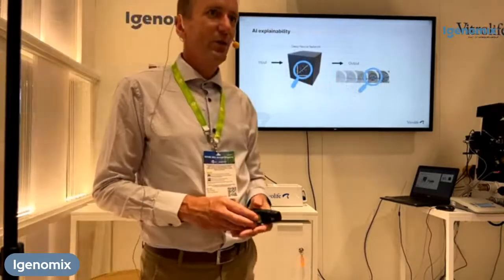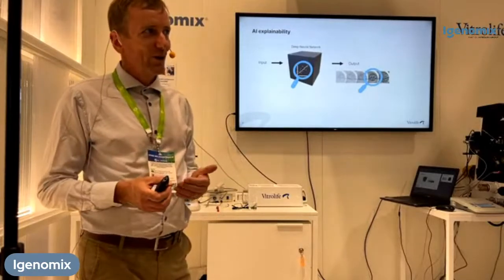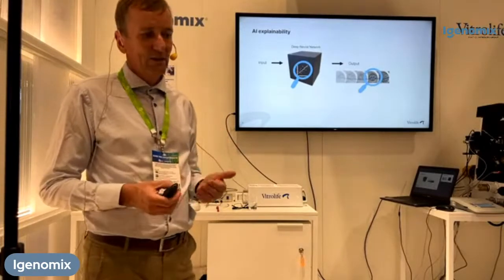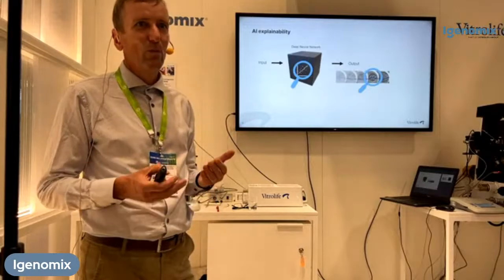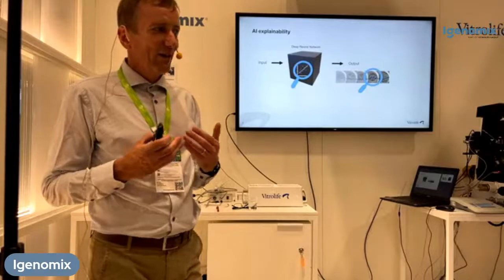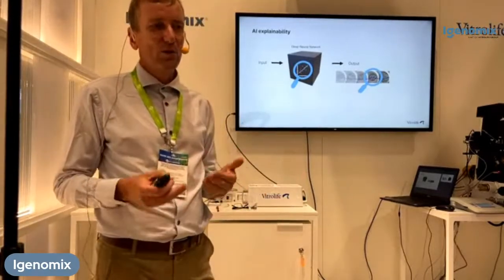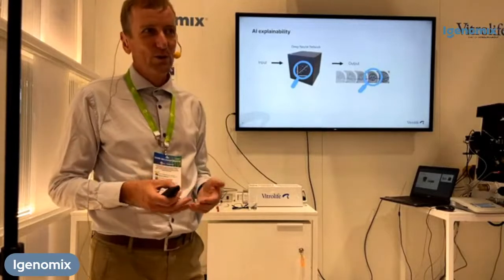If we then turn to AI explainability, I guess you have all heard a lot of things going on with explainability. Everybody wants explainability, and of course everybody wants that, but is it really possible?